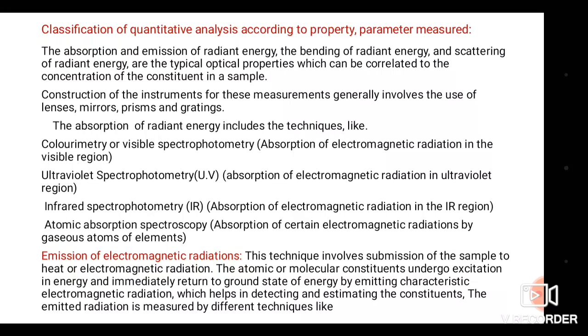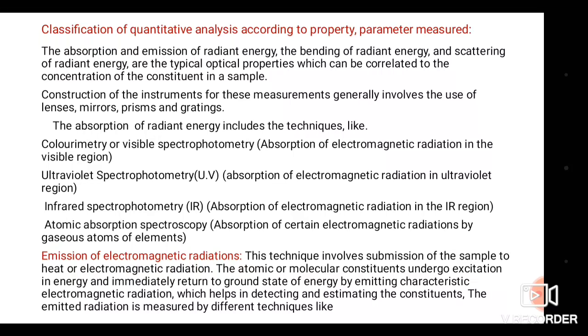The atomic or molecular constituent undergoes excitation in energy and immediately returns to the ground state by emitting characteristic electromagnetic radiation, which helps in detecting and estimating the constituent. The emitted radiation is measured by different techniques.